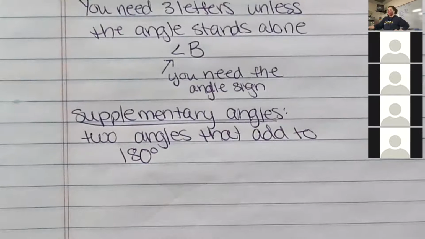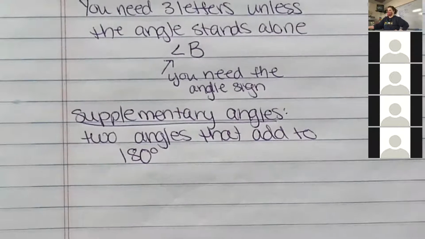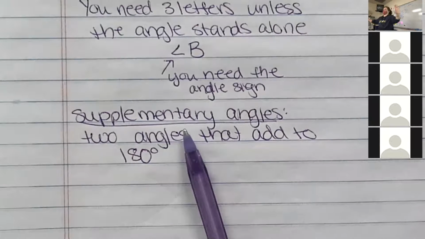So thinking back at that linear pair definition, linear pairs would always be supplementary, right? Makes sense. But supplementary angles don't have to be next to each other. It could be a 90, it could be a 90 over here. They weren't next to each other, but they're supplementary. Linear pairs have to form that line together.